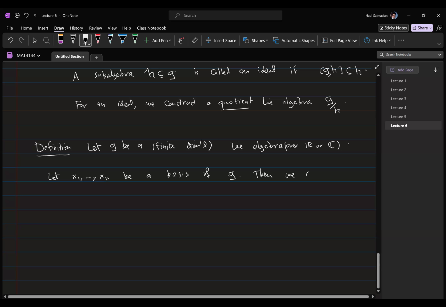Then we can express brackets as [xi, xj] equals sigma c_ijk xk, k from 1 to n, where the c_ijk are in R or C, respectively, whatever the field is chosen.